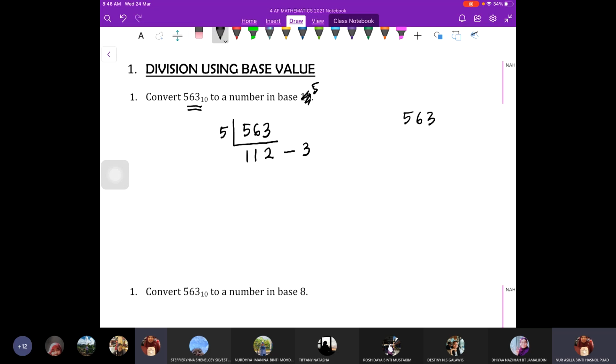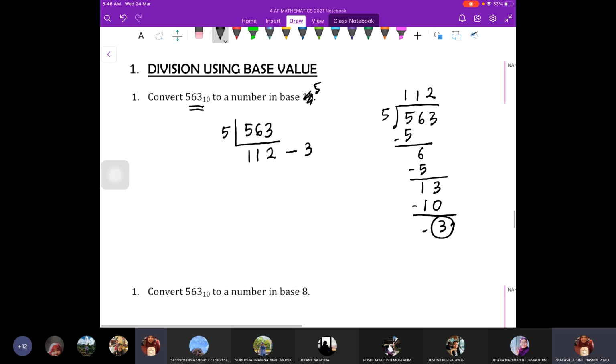Okay, 563 you divide dengan 5 kamu akan dapat 112, kan. So kamu ada baki 3. So baki 3 ni bawa ke sini. 112 akan ada kat dalam.